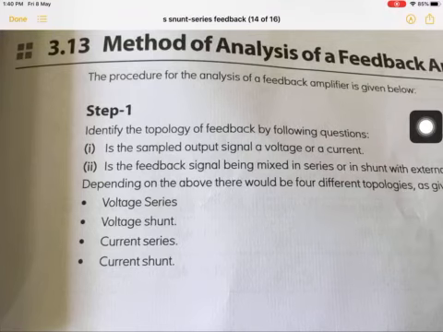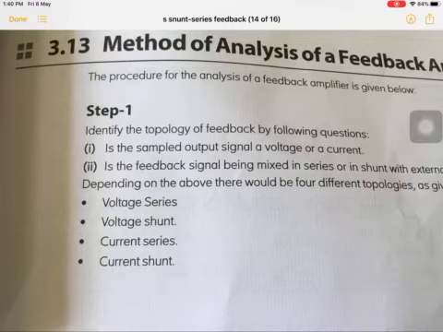Now one more type of question asked in negative feedback is how to identify a feedback. Suppose a circuit is drawn and you have to identify the feedback topology. There are some rules. First of all, we have to find out whether the sampling is done in voltage or in current, and whether the feedback quantity is mixed in series or in shunt.